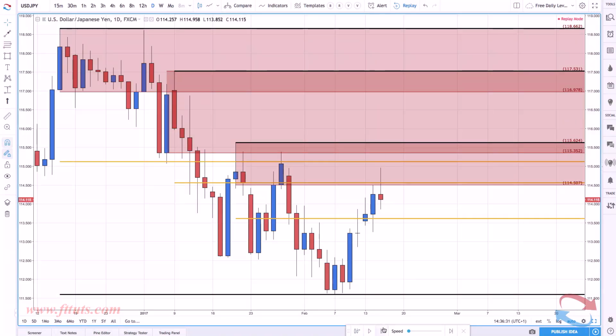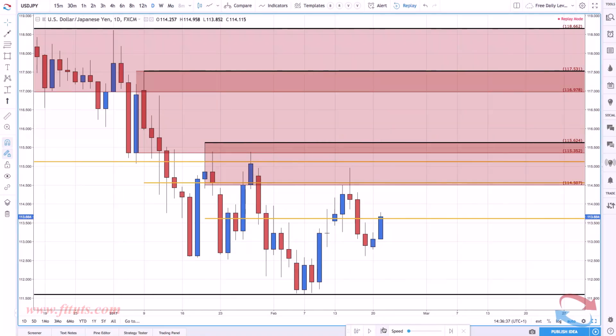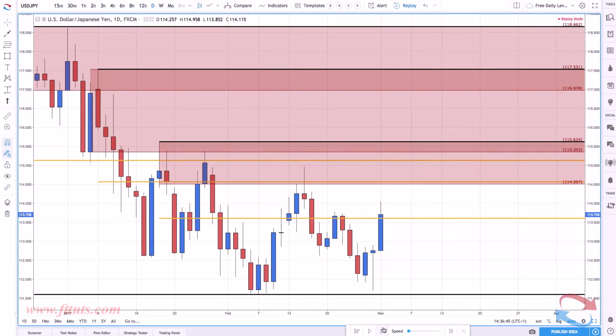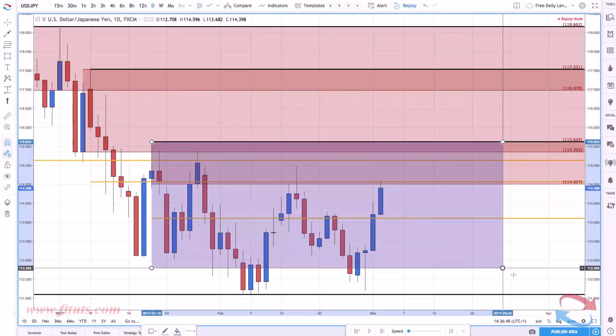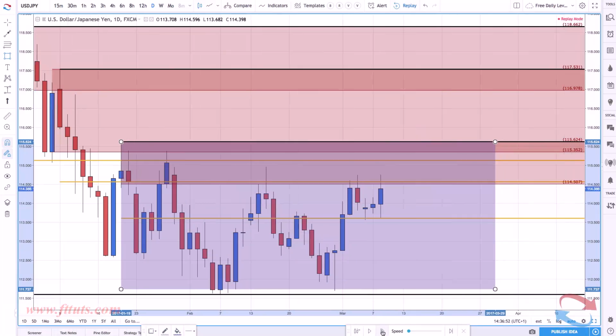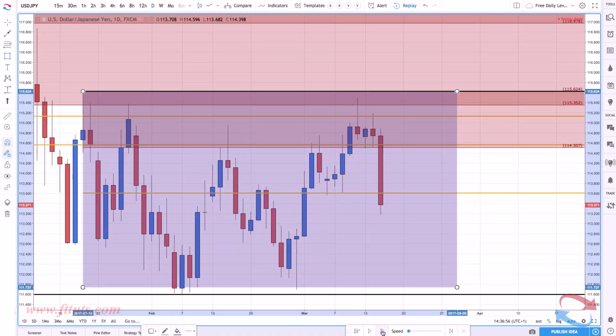So this is going to be our next cheap area to potentially buy, and prices react. So prices are now ranging between this area here and this area here.